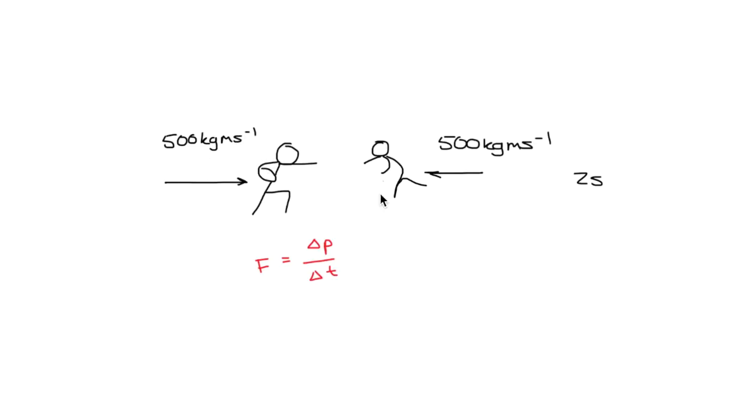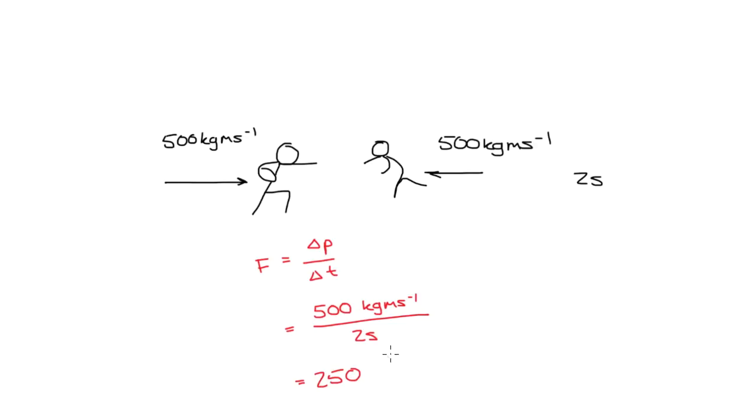So the change in momentum or impulse will be 500 kilograms times meters per second, all over the 2 seconds that it took the tackler to do it.